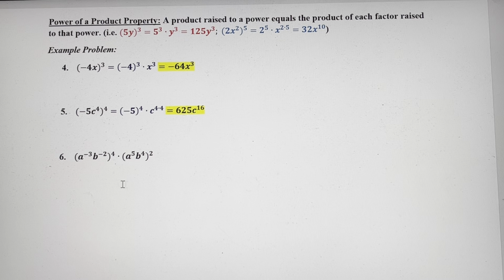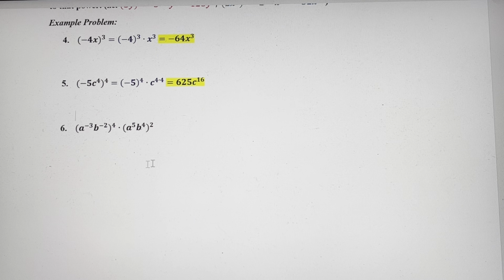And finally, number 6 here. A lot going on here. All right, so let's simplify this piece first, then we're going to simplify this piece, and then we'll use some of the other properties for multiplying that we've learned previously. So I've got a to the -3 raised to the fourth power. Notice I'm going to multiply those exponents.